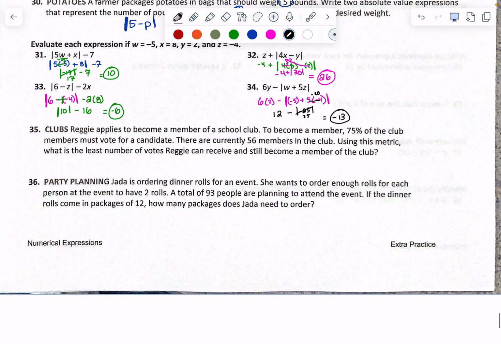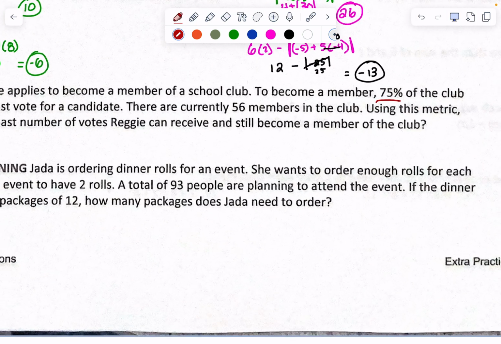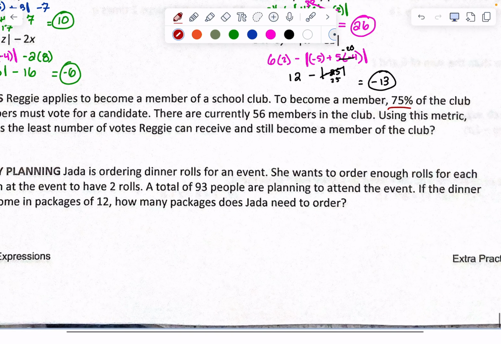Okay, 35. Reggie applies to become a member of a school club. To become a member, 75% of the club members must vote for a candidate. There are currently 56 members in the club. Using this metric, what is the least number of votes they have to have? So 56 times 0.75, and that is how much? It's just 42.